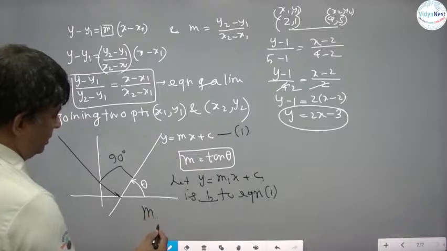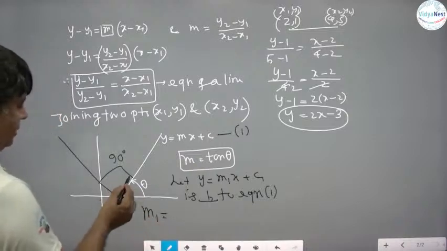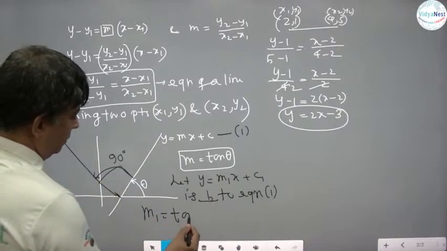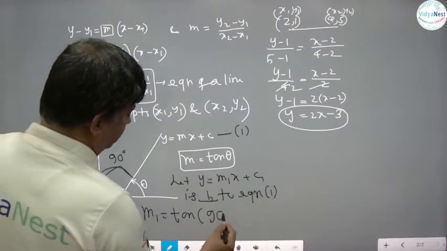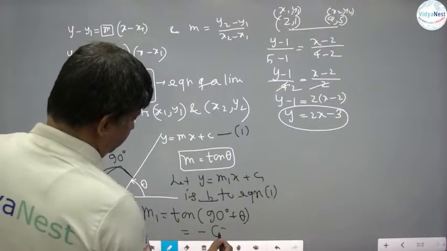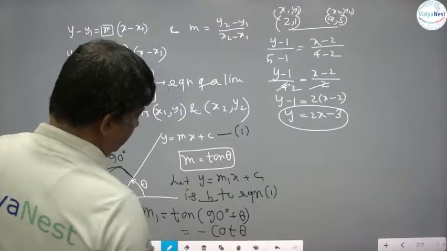So what is m1? This is theta, this is 90 degrees, so tan(90 plus theta) is minus cot theta.